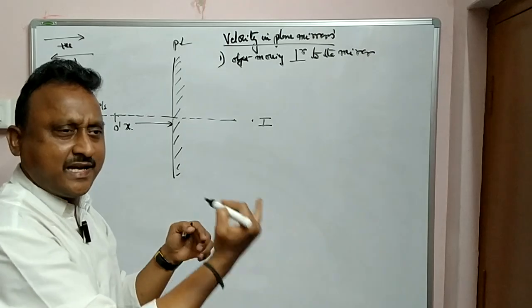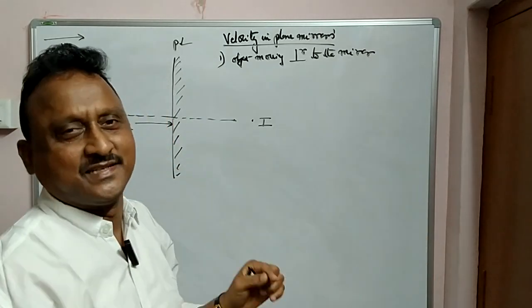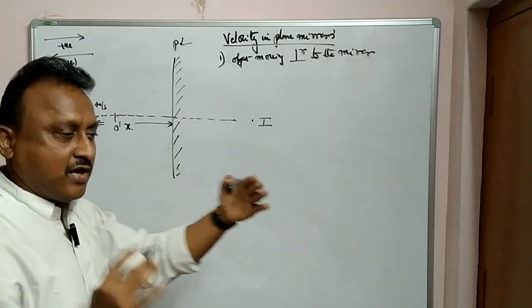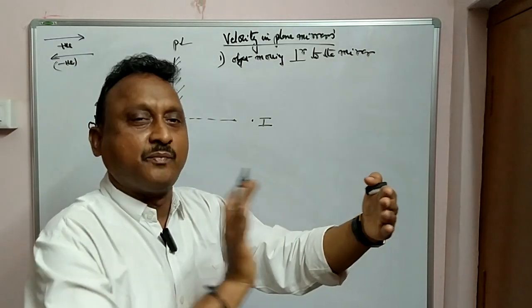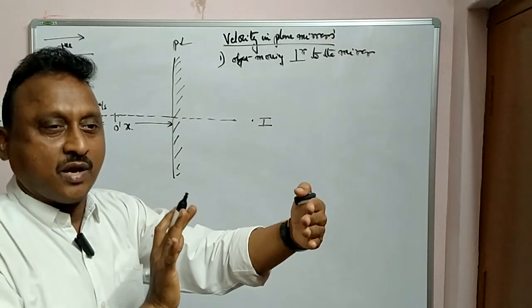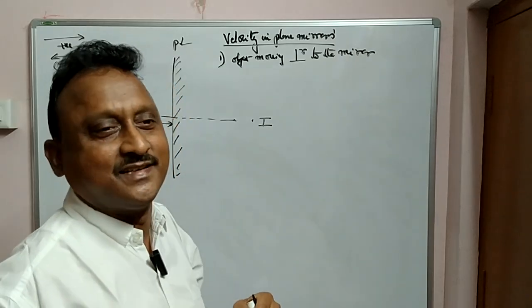So what does it mean? Object and image both will be in opposite direction when it is in perpendicular motion. When the object is moving perpendicular to the plane mirror, object motion and image motion both will be in opposite direction.